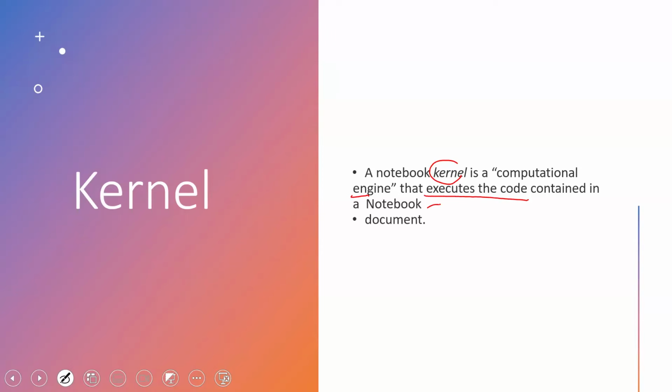Whatever code we write in Jupyter Notebook or a particular document will be executed through the kernel. The kernel helps us convert the program from a high-level programming language to a low-level programming language. Make sense?